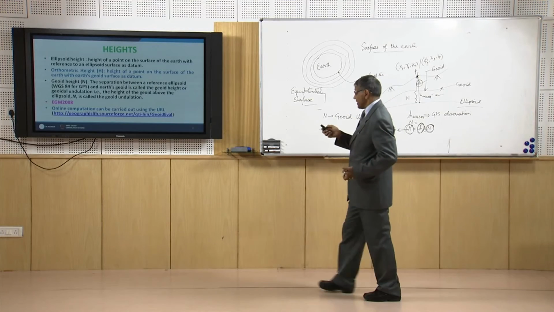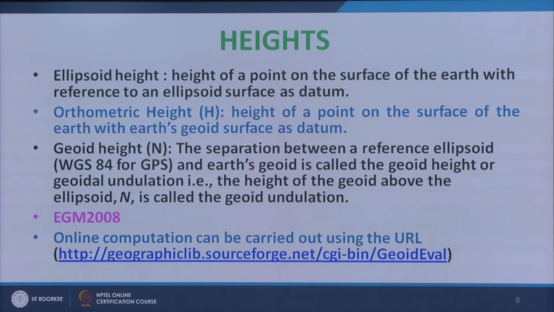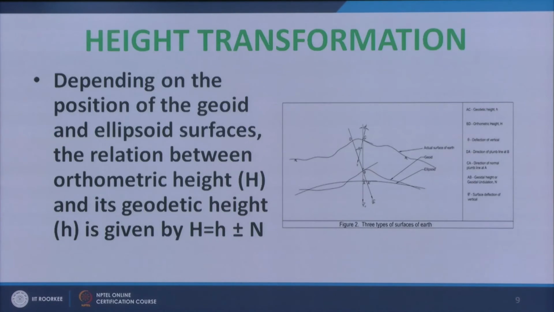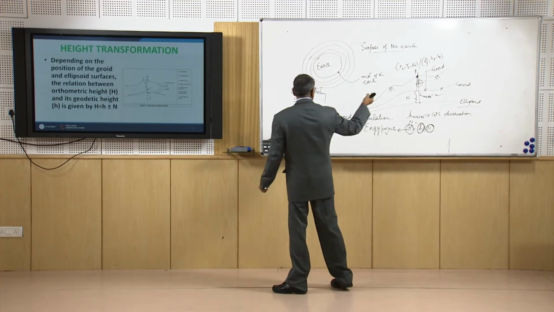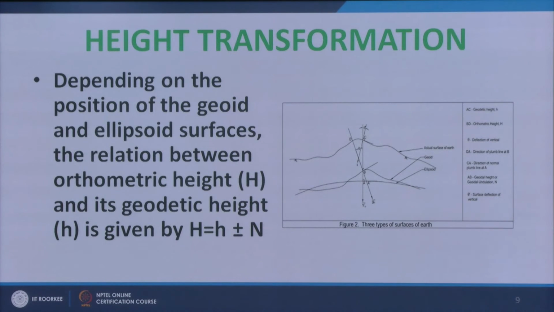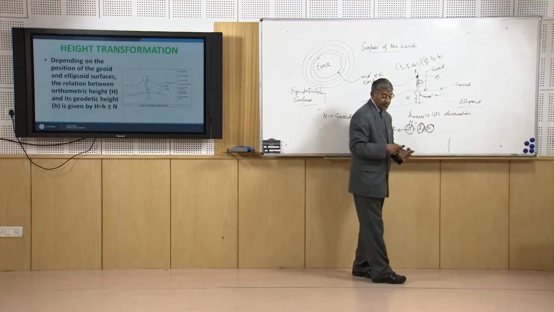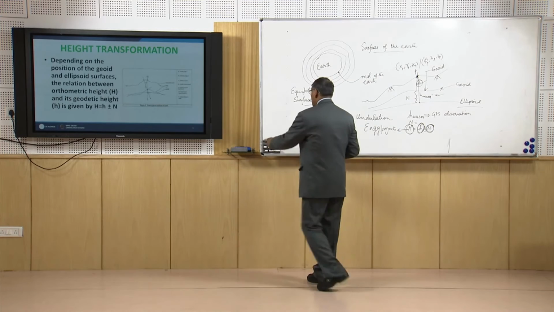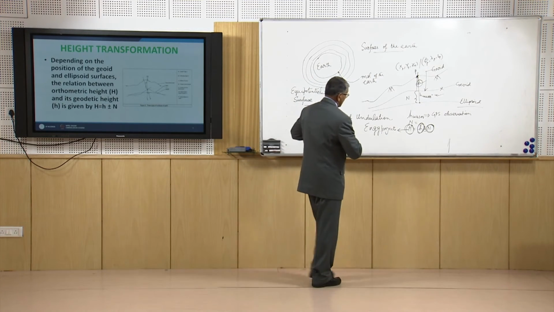This is what is written in this slide: ellipsoidal height, geoid height, orthometric height. Now this is the figure I have shown you. Depending on the position of the geoid and ellipsoid surface, the relation between orthometric height and geoid height can be given by small h plus or minus N equal to capital H. Now the problem is how to get this.